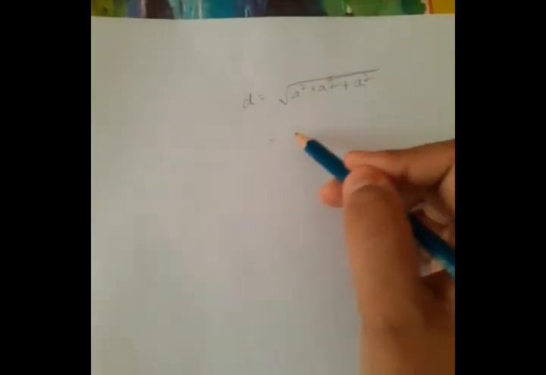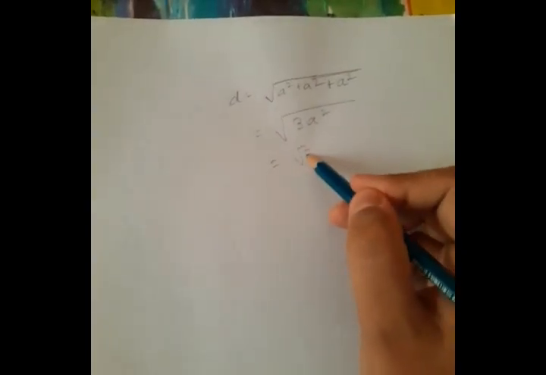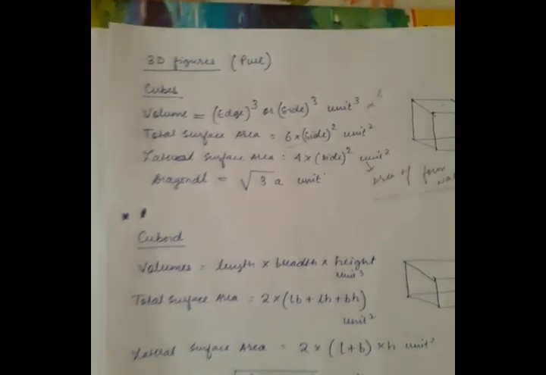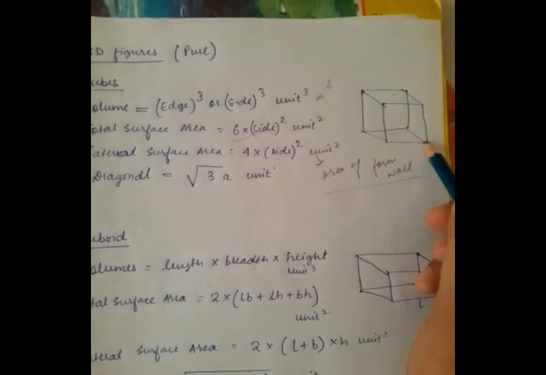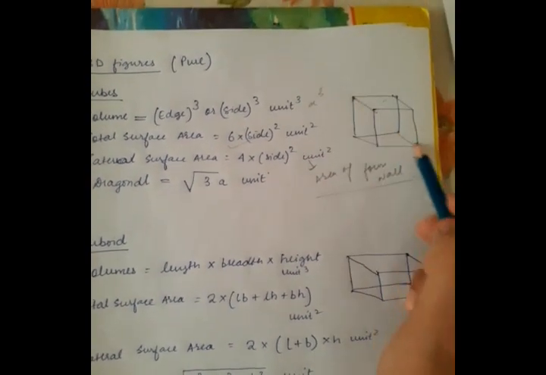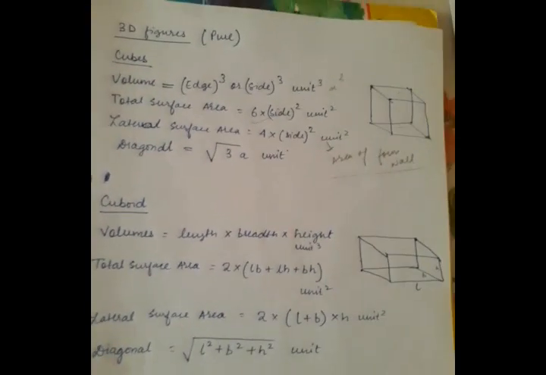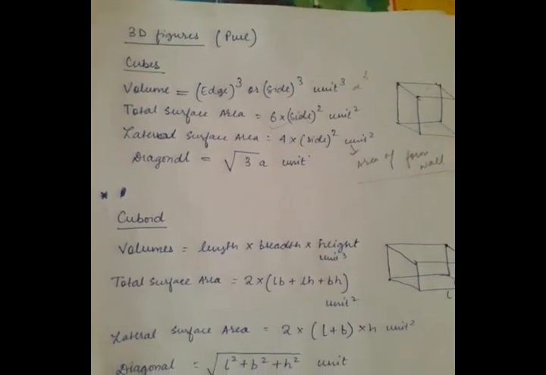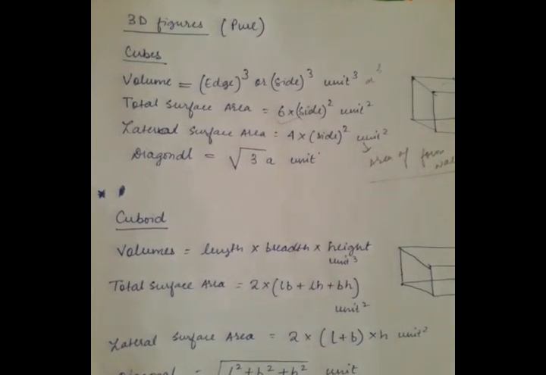So like this 3a square, and the a gets paired and comes out, and that is root 3 a unit. Okay, what is this diagonal? It is from this corner to this corner. It is the longest distance in the cube. Okay, so it is clear, the area of 4 walls is the same as lateral surface area.